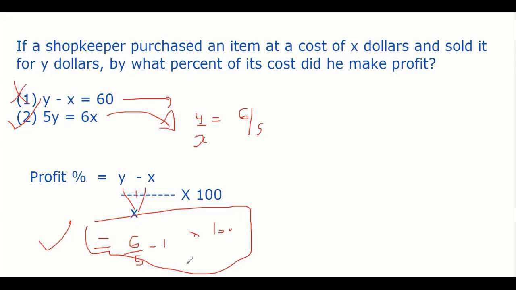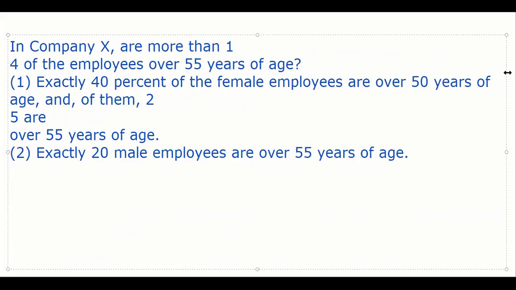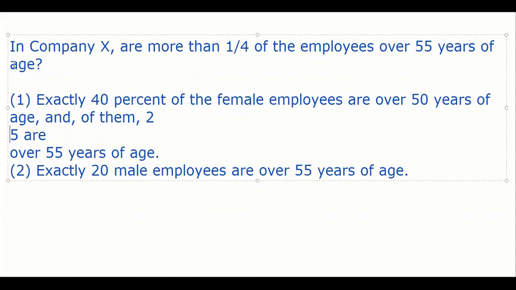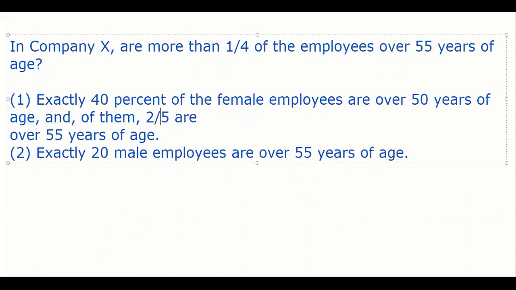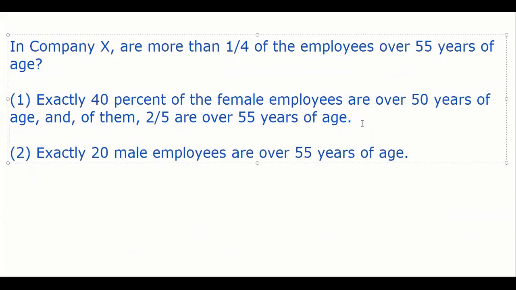Let's try this. It says 1/4, 2/5. It's an easy question. Just read it carefully and reread it. In company X, are more than 1/4 of the employees over 55 years of age?